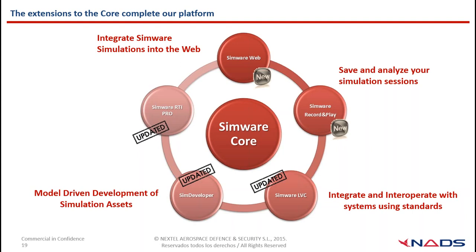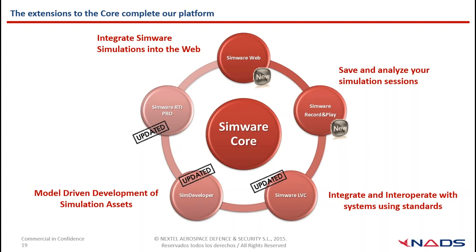In order to do the simulation model, you can develop it directly using the core, using the C++ APIs that are in the core product, or you can complement this C++ development using Simulink models.